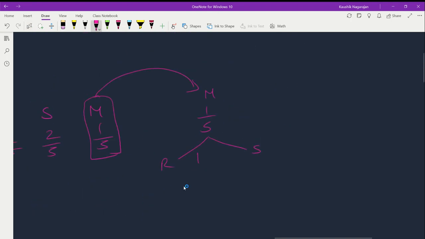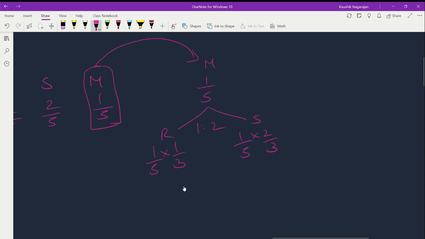Now in the ratio of 1 is to 2, that means 1 by 5 into 1 by 3, and 1 by 5 into 2 by 3. When you do the multiplication, it will be 1 by 15, and over here it will be 2 by 15. So that means 1 is to 2 is the gain which they have derived. This is the gain.